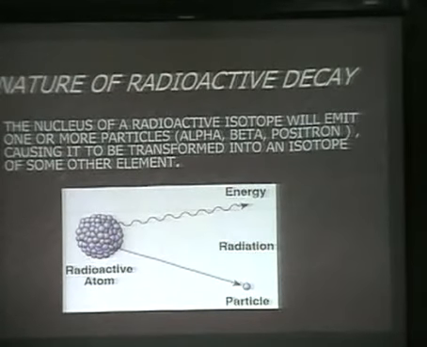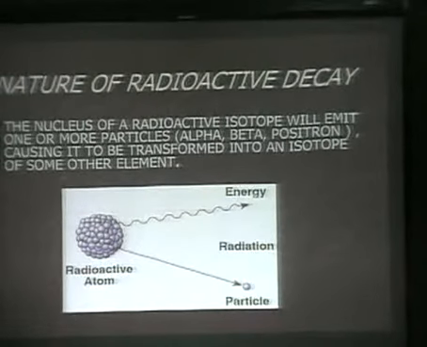And the positron is the so-called antiparticle of the electron, which is the positively charged electron, the positron. Okay, so these are the main ones that are released in radioactive decay. Sometimes there's other things that happen once in a while, but by and large, it's restricted to these three types of particles. So they will cause that parent isotope to be transformed into a new daughter isotope.